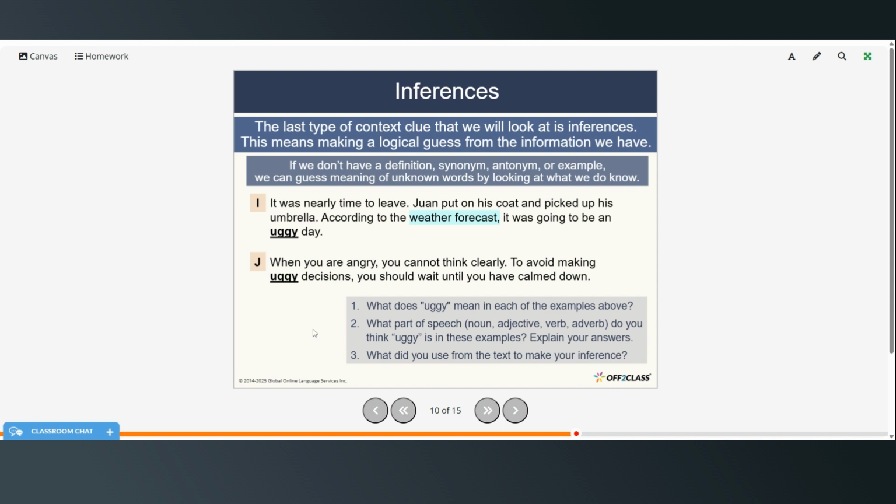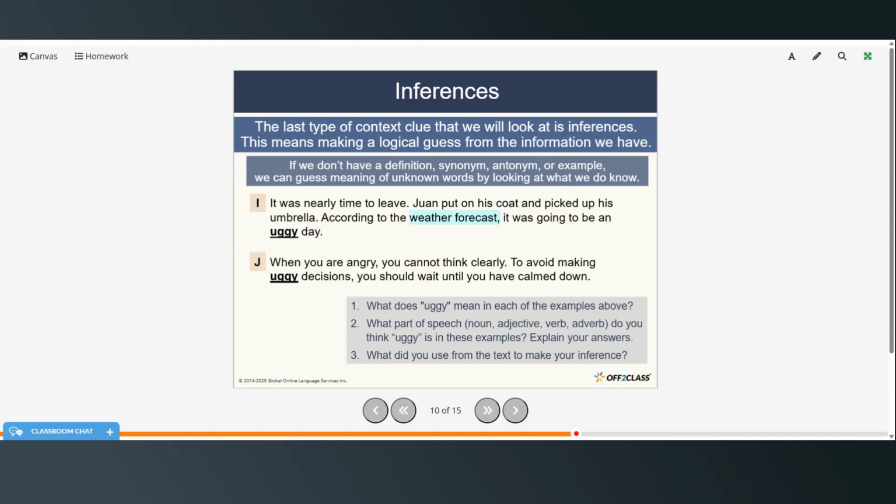So when you are angry, you cannot think clearly. To avoid making ugly decisions, you should wait until you have calmed down. So here, ugly probably means something like bad decisions, decisions that are not well thought out, irrational decisions, probably.